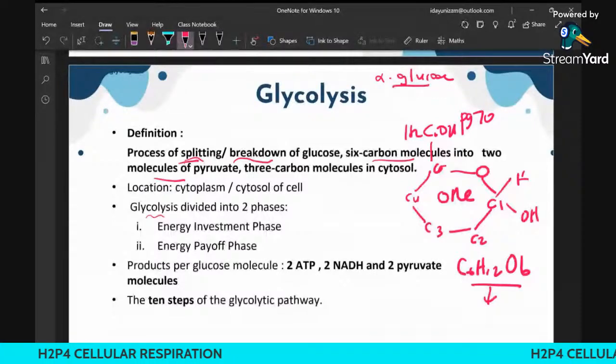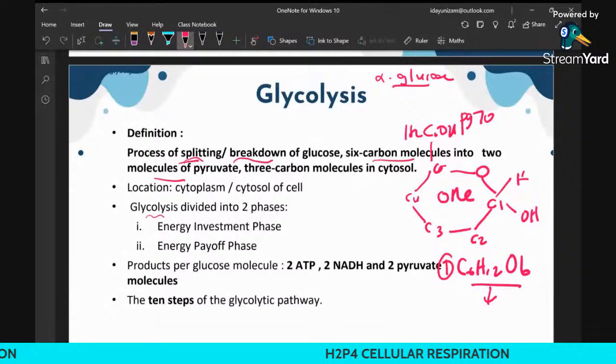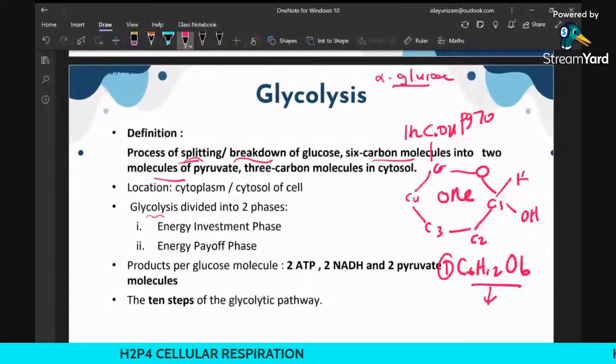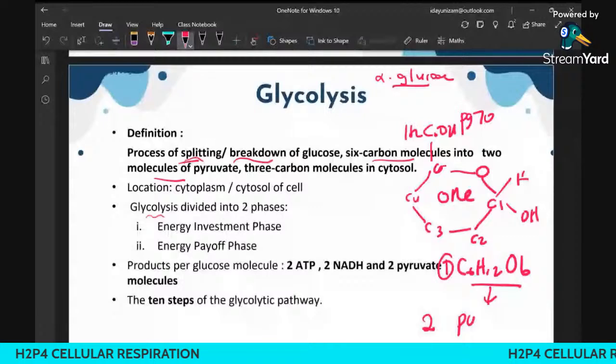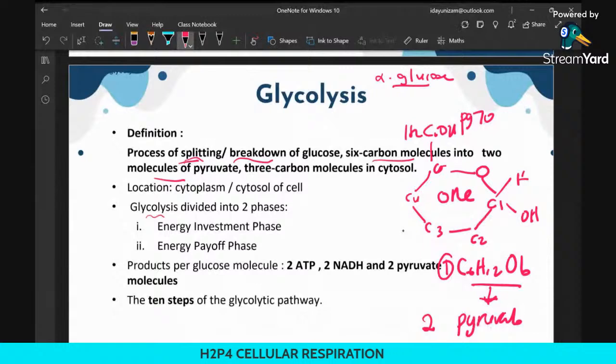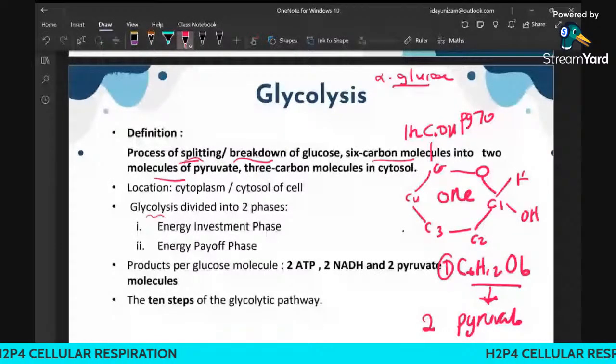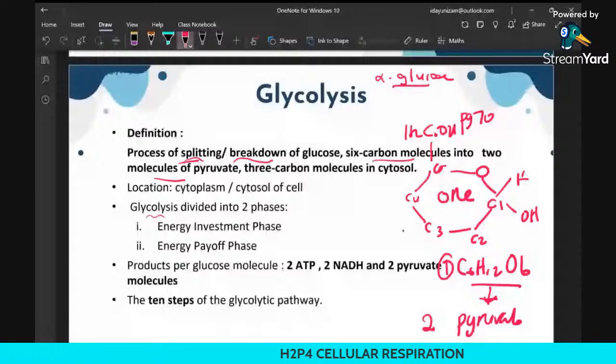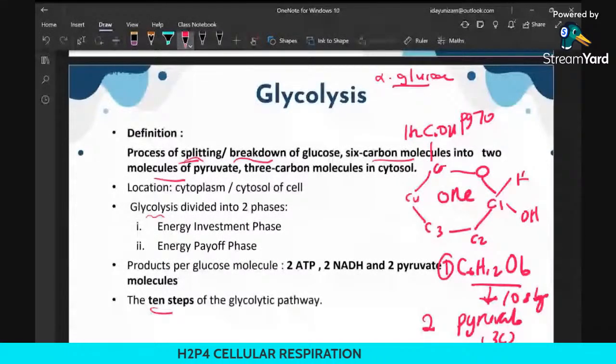So one molecule of glucose becomes 2 molecules of pyruvate. In order to split this one glucose into 2 pyruvate, which is 3 carbon, it involves 10 steps, and the steps are divided into 2 phases, the energy investment phase and the payoff phase.